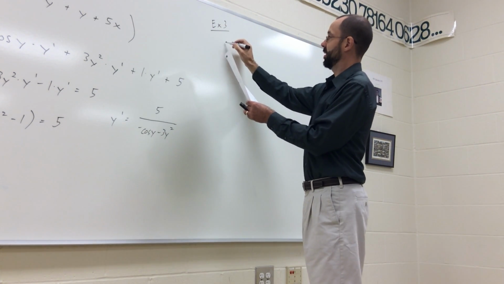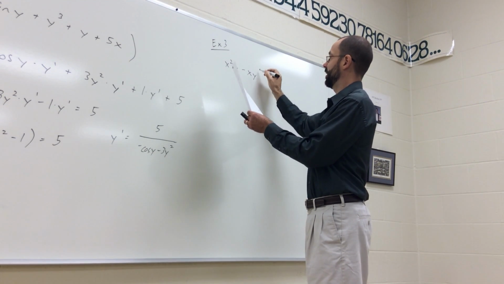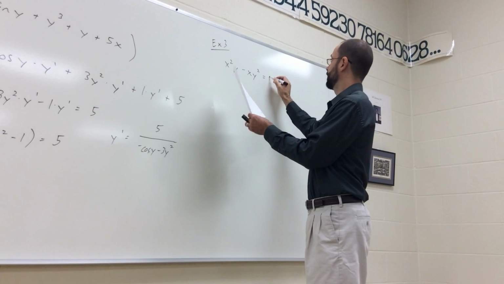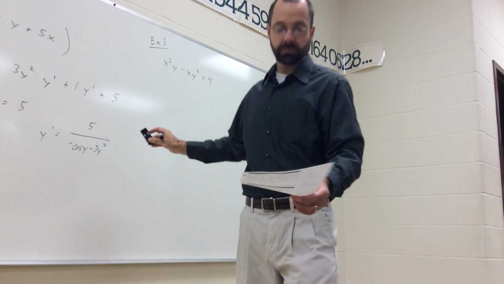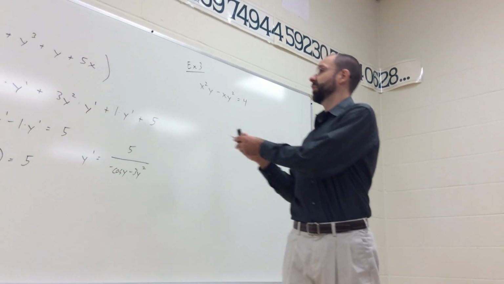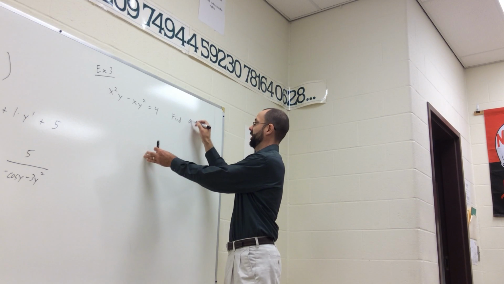All right, how about x squared times y minus x times y squared equals 4? And I haven't been writing directions, but what we're doing is we're finding the derivative.